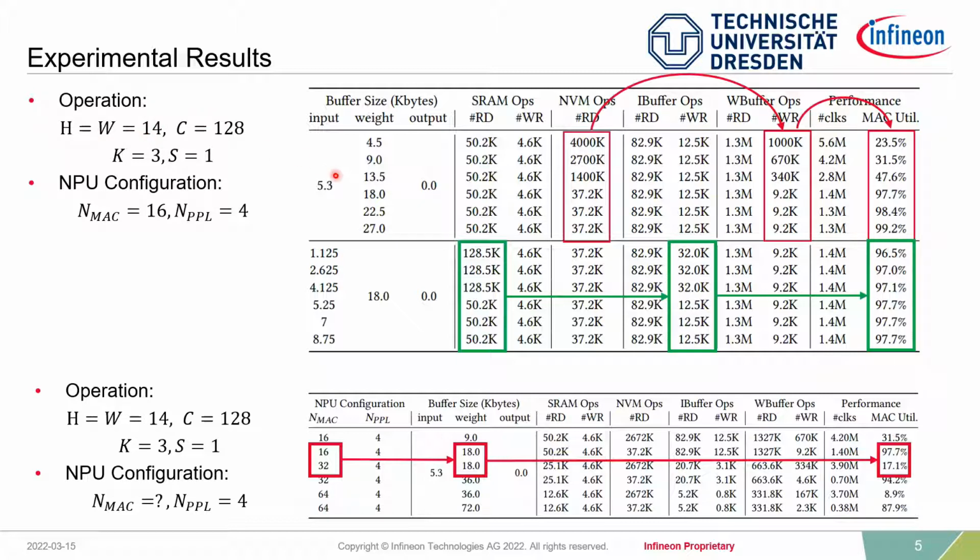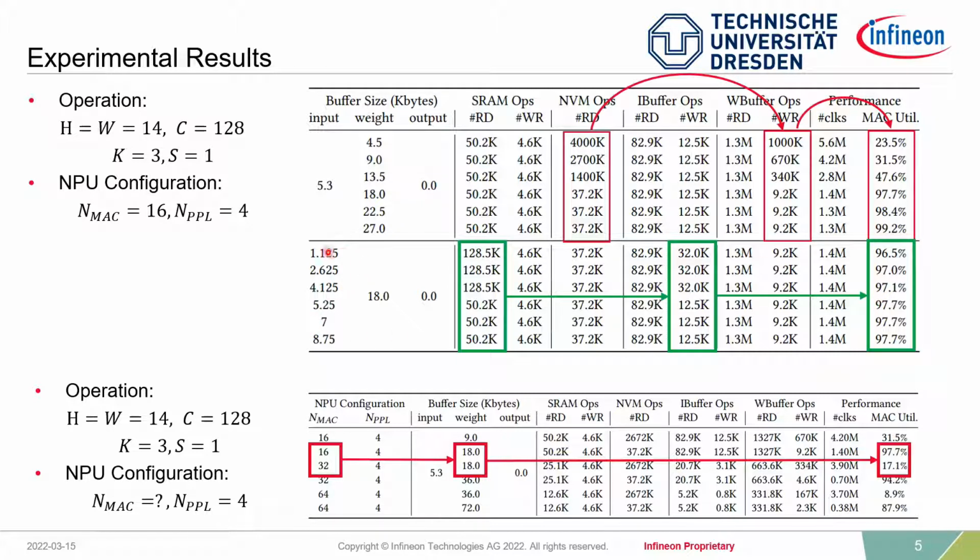Firstly, we fix the input buffer and change the weight buffer, and we can see the main change is in the NVM read operations. As the weight buffer increases, the read operations decrease quickly and finally become constant, and correspondingly the final performance increases quite a lot.